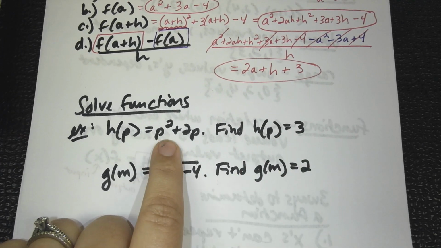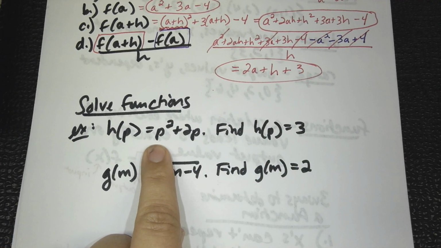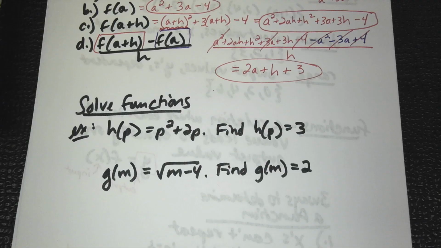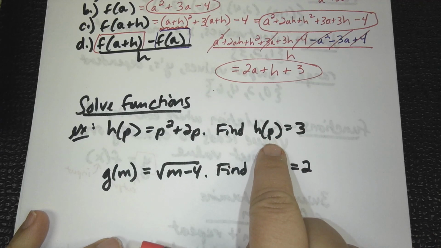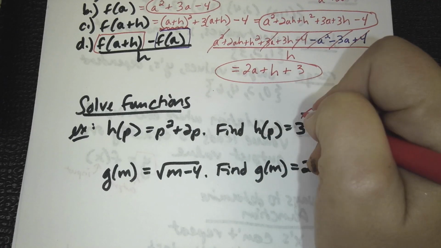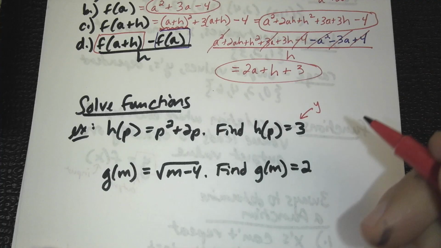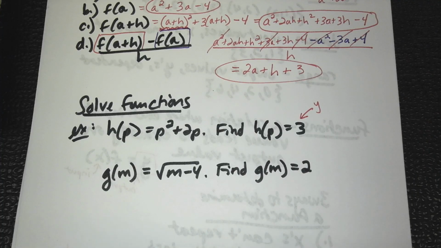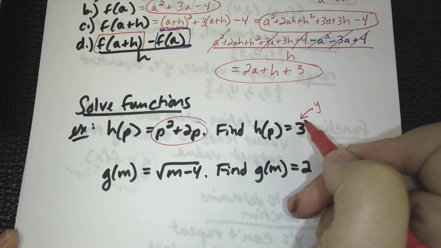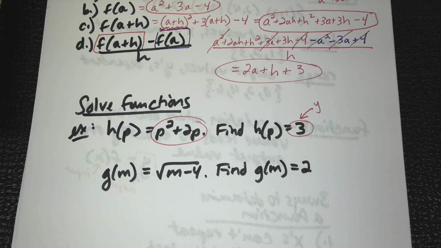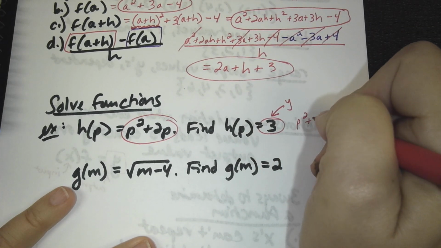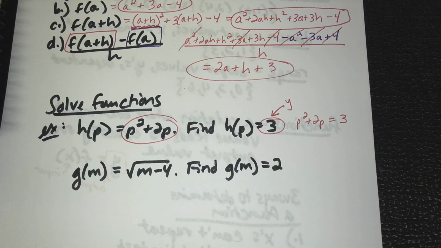Are you supposed to take this 3 and plug it in for p? Is that what that's saying? No. If I wanted you to plug the 3 in, wouldn't I have put it here? So this is actually what it equals. It's the y. So what am I going to do? You're going to set 3 equal to that. Isn't that what I'm going to do? Okay? So p squared plus 2p equals 3.